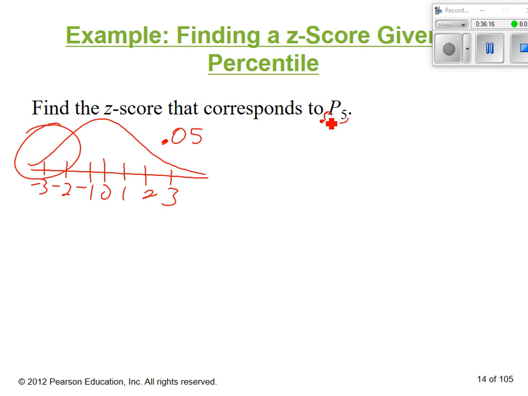So 0.05. If I look on my chart and find something that's close to 0.05, it falls right in between -2.58 and -2.57. If it falls right in between those two, what's the number actually going to be?